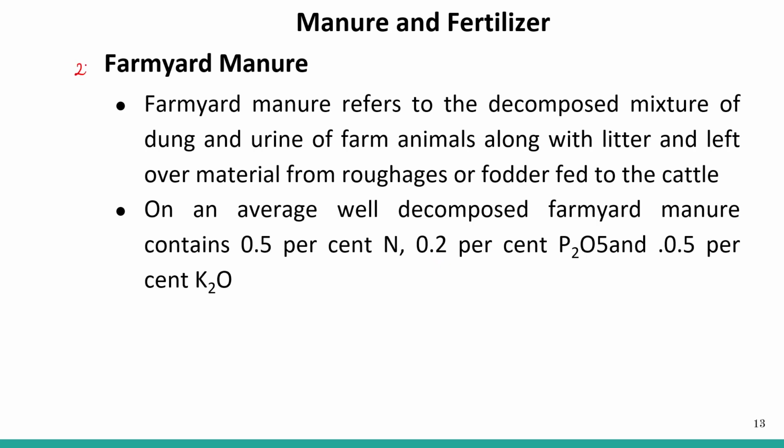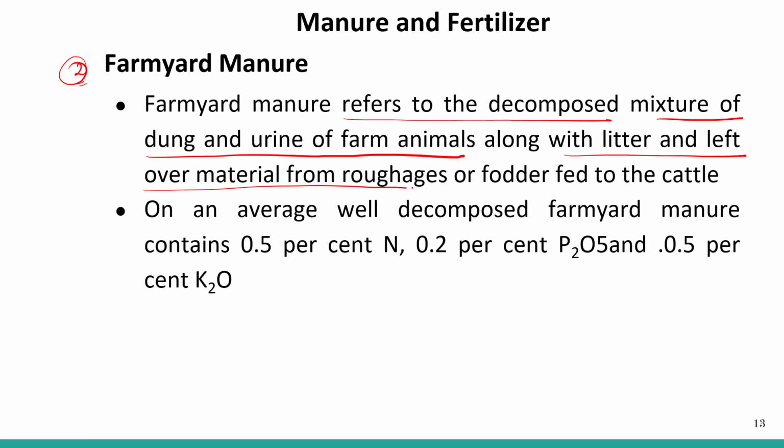Next type is the farmyard manure. Farmyard manure refers to the decomposed mixture of dung and urine of farm animals along with litter and leftover material from the roughage or fodder fed to the cattle. So what are the things that make the farmyard manure? We are having different cattle in our farmland.